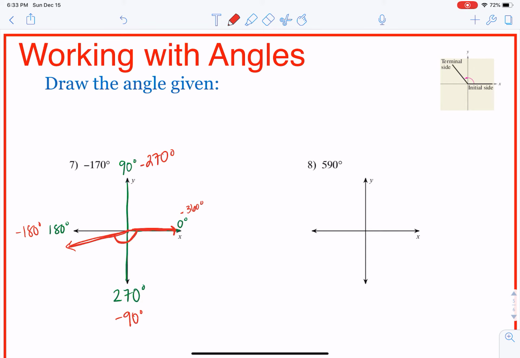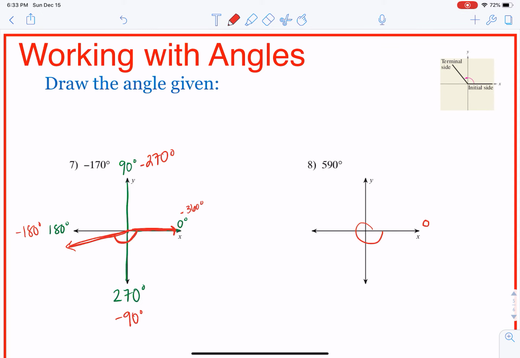590 degrees means that I'm going around the circle to 360, and once I go around my circle to 360, I still have another 230 degrees left to go.